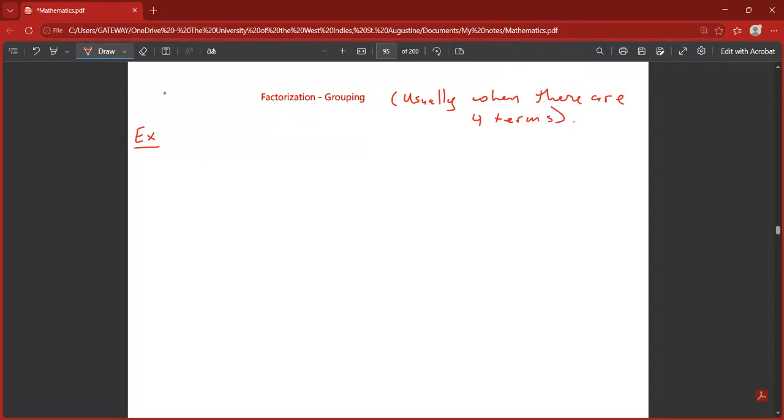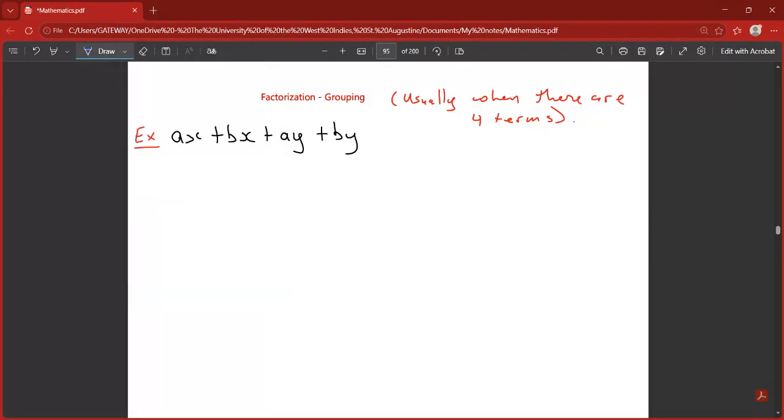Let's look at this example here: AX plus BX plus AY plus BY. And you have to factorize this via grouping.